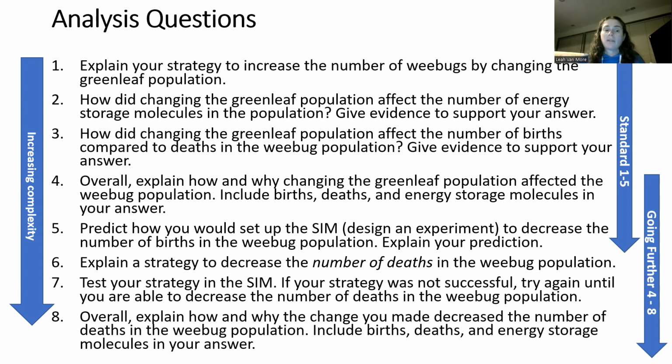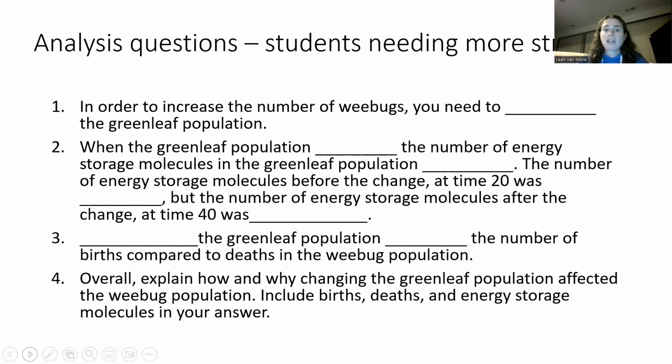And essentially 6 and 7 tell them what to do, which is what they would do in 3.3. And then 8 is a repeat of number 4, but with the deaths. And then here, all I did was take out some words and make it statements and then add in number 4. So hopefully that's really helpful to show how you could make tiered questions with the same sim activity for all students.